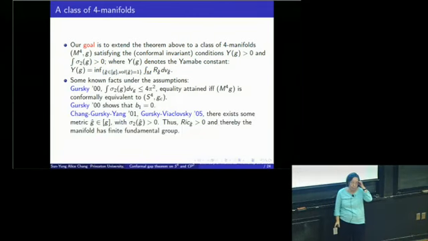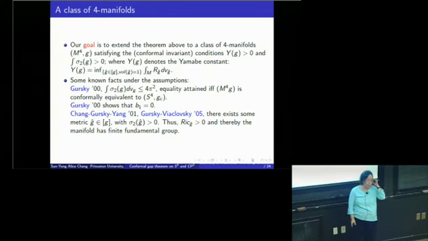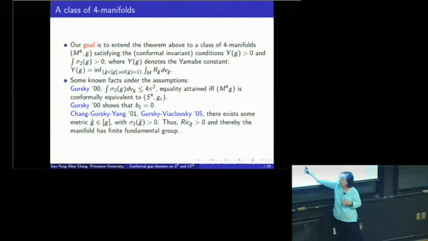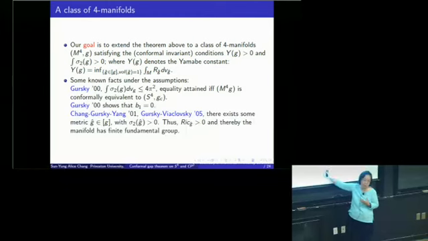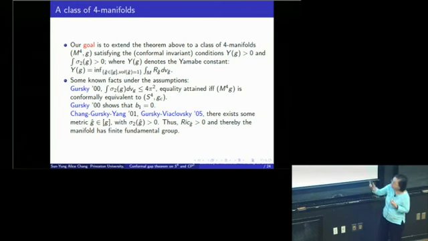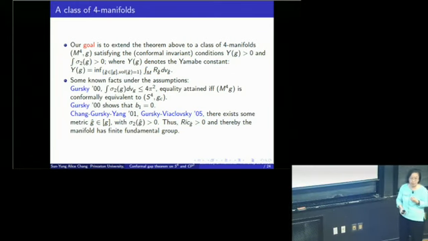We say it's in the positive 2-cone. And it turns out a metric in the positive 2-cone algebraically also has the nice property that its Ricci is positive. So in this class of manifolds, we have finite fundamental group. Finite fundamental group. So they are topological consequences of these two conditions.